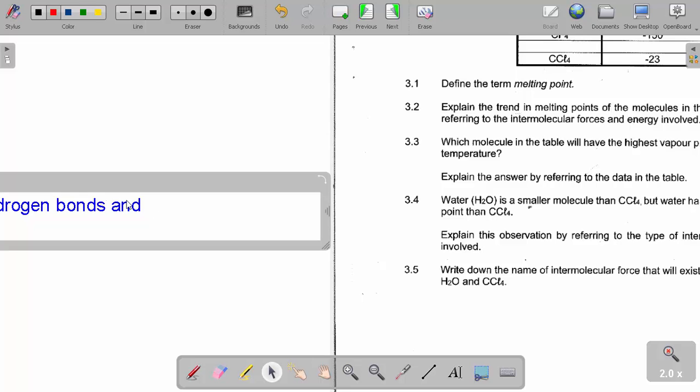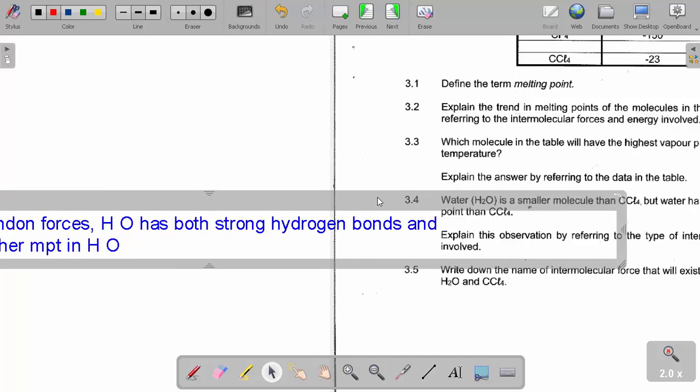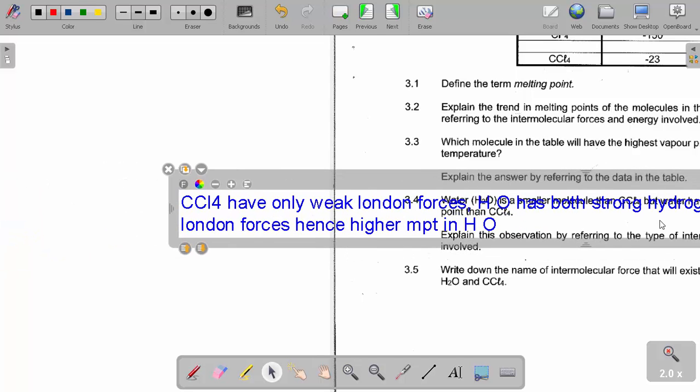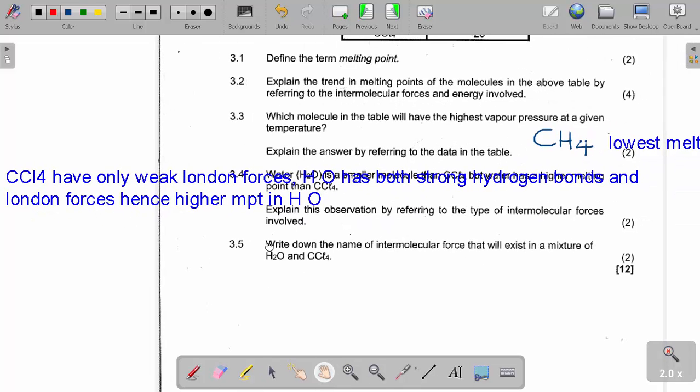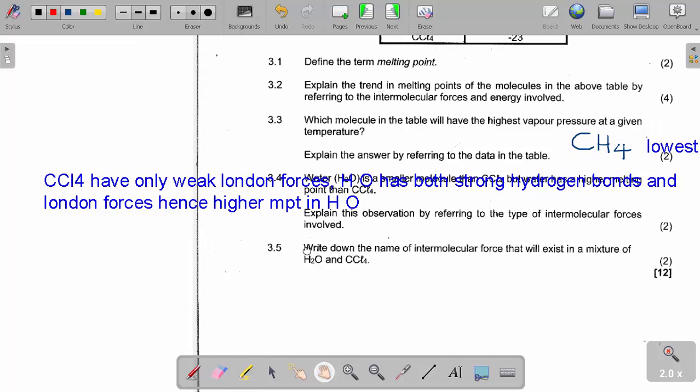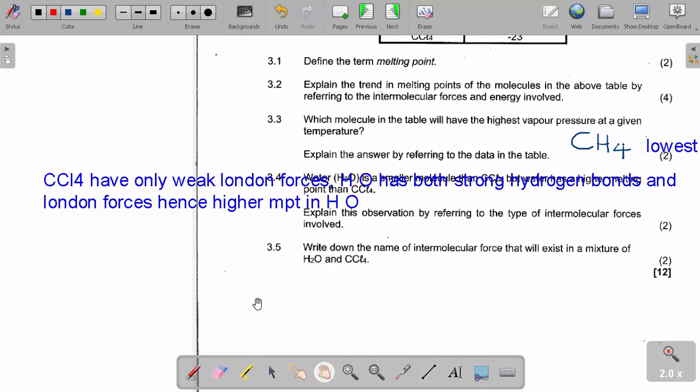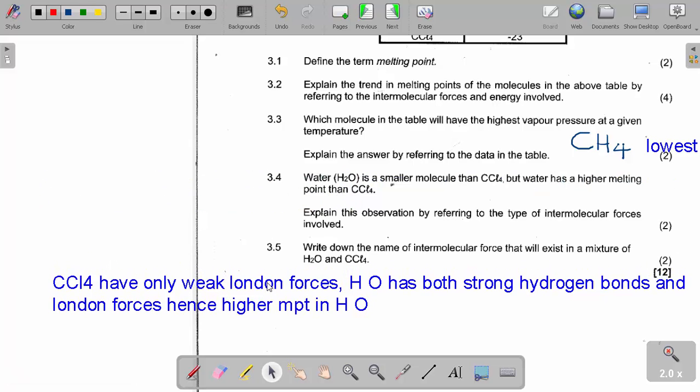Okay. So we are saying that in this case, carbon tetrachloride has got what we call weak London forces. But then water, that is H2O, has both hydrogen bonds and what?